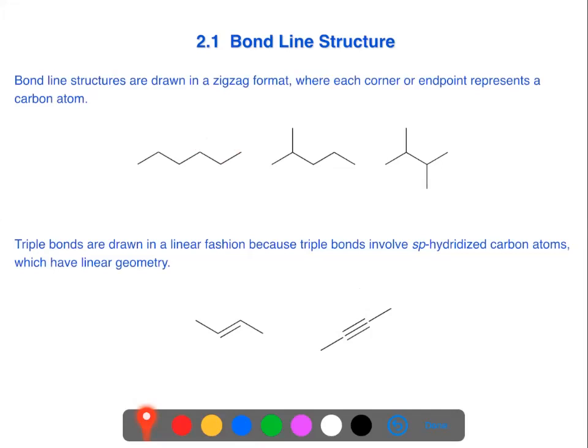It's really important that you become familiar with drawing bond line structures in this way, where the only time we would signify an element is if it's something other than carbon, so nitrogen, oxygen, for example, or the halogens, basically anything else. And we only show hydrogens when they're directly attached to those heteroatoms.